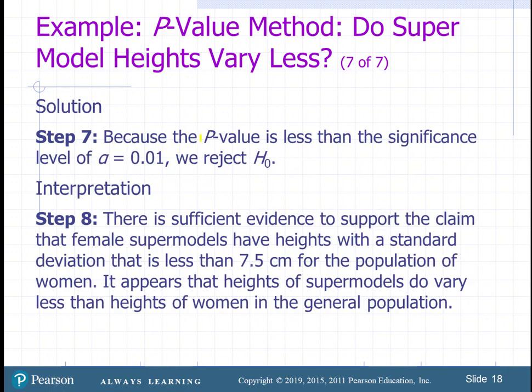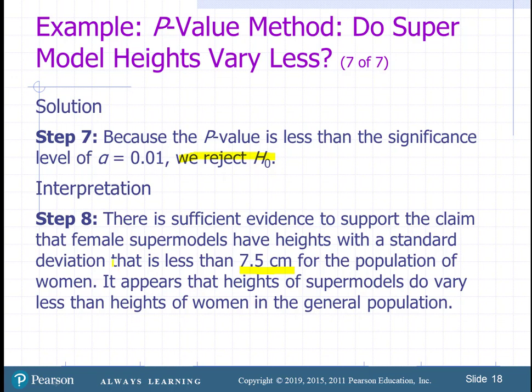Because our p-value is less than alpha, we reject our null hypothesis. So, in stat talk, there's sufficient evidence to support the claim that female supermodels have heights with a standard deviation of less than 7.5 centimeters for the whole population.